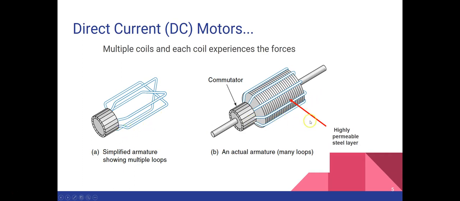And if you use a high permeable steel layer inside these wires, an enhanced magnetic flux interaction will take place, due to which the force exerted on the armature coil will be more, and your motor will move more smoothly.